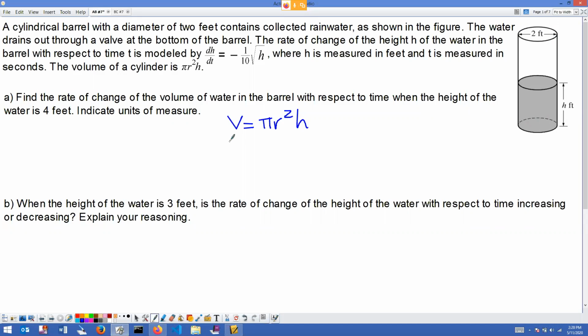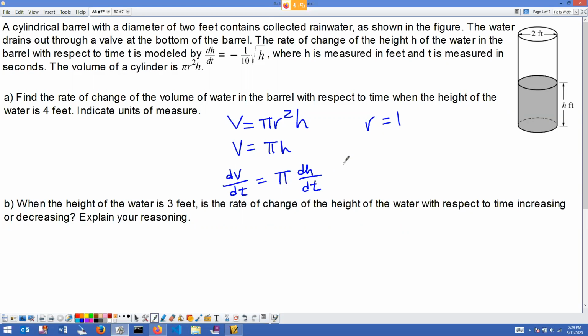So we can plug in that the volume is now just equal to pi h. Since our radius is 1, r squared will be 1. We can plug that in. And now we'll take the derivative of this with respect to t to get dV/dt equals pi dh/dt. Since we're taking the derivative of a term with h with respect to t, we get the dh/dt term attached to the end of it.